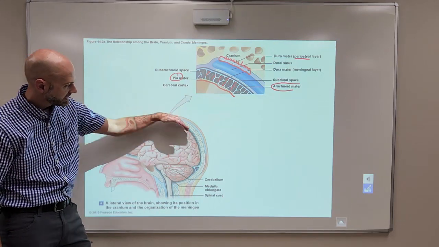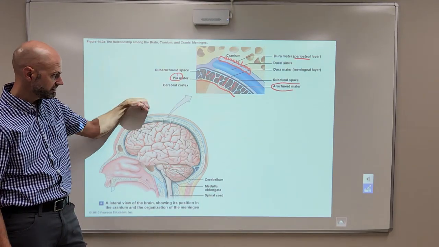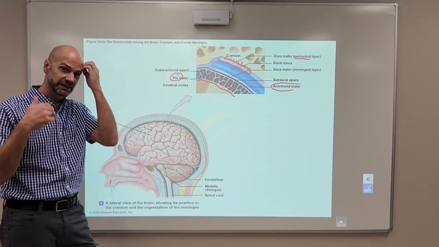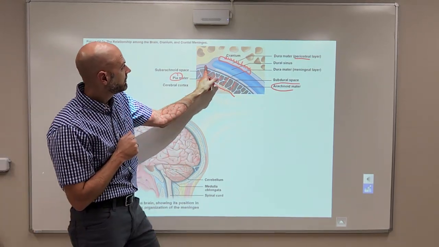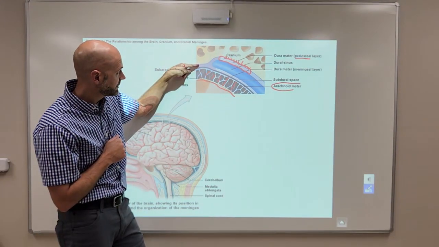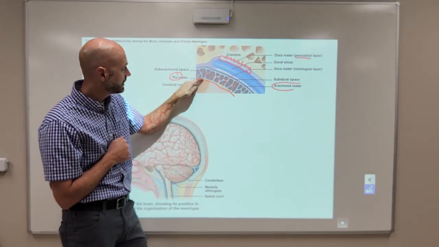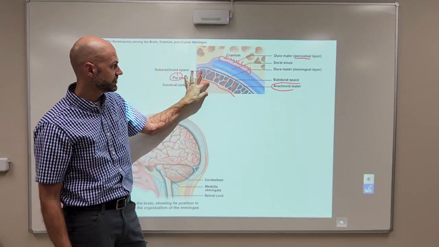Obviously the cranial bones provide some measure of protection, like a helmet protects a football player, so the skull provides some measure of bony protection. But we have the dura mater, which is the outermost layer, then the arachnoid, and then the pia. Pia is the lightest and most intimate layer, close to the brain tissue.